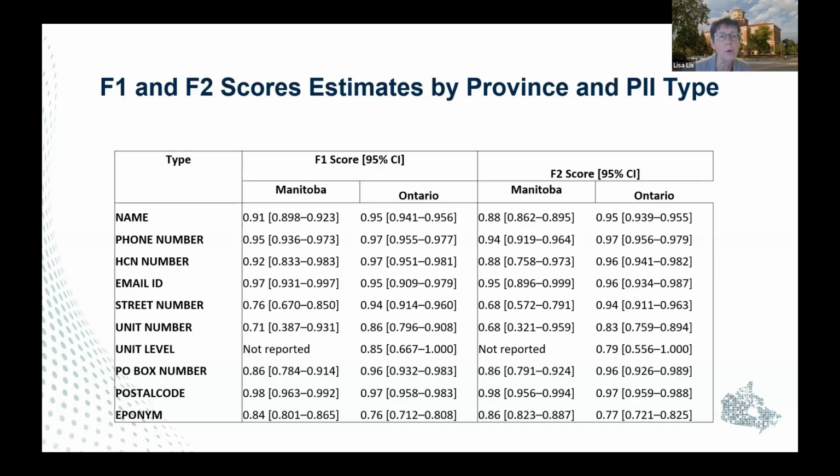They can be a little bit lower for the eponyms, and we also have good results in terms of postal code. So paralleling some of the results that we've seen previously, but with some differences between the sites. If you look at Manitoba and Ontario, for example, we see some differences with respect to the unit number and also with the eponyms in both the F1 and F2 scores.